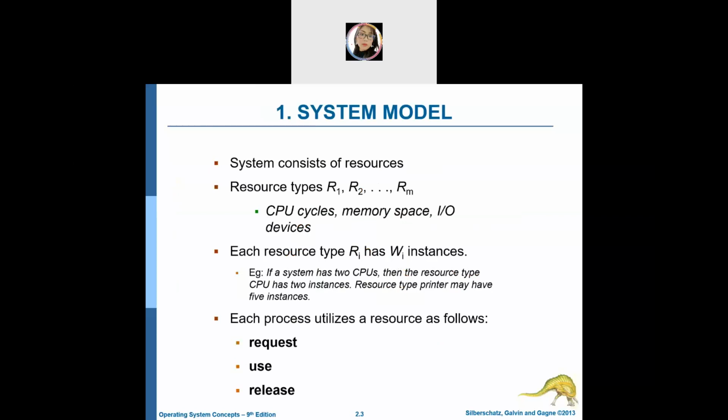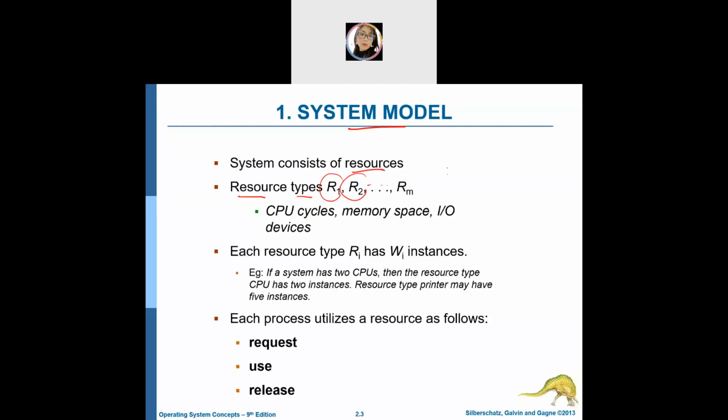In our computer system, which is the system model, why would you later on have a deadlock? The system consists of resources. You're going to have a lot of resources, with resource types like R1, R2, and so on.